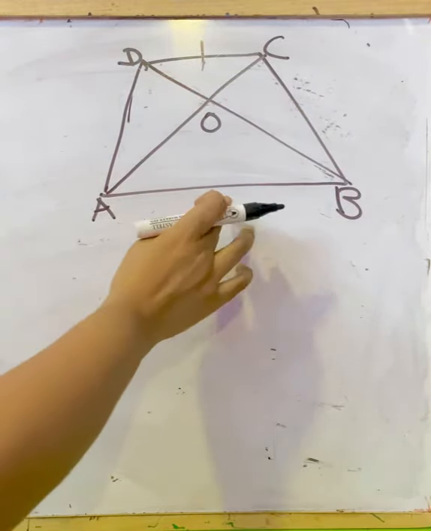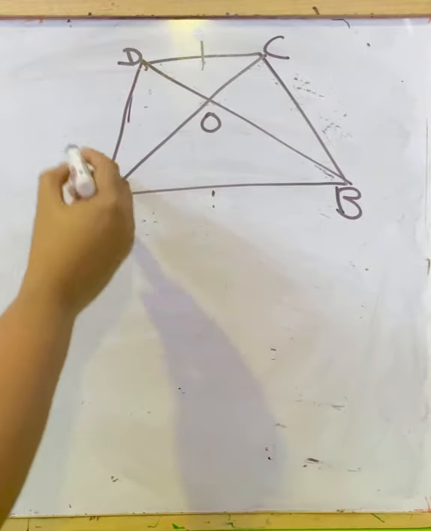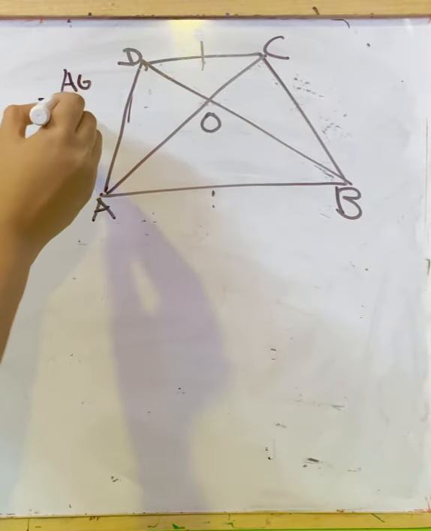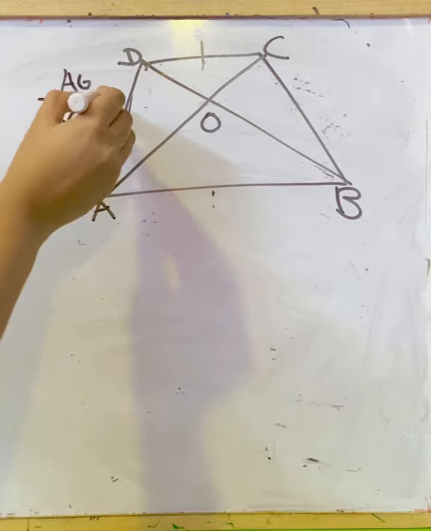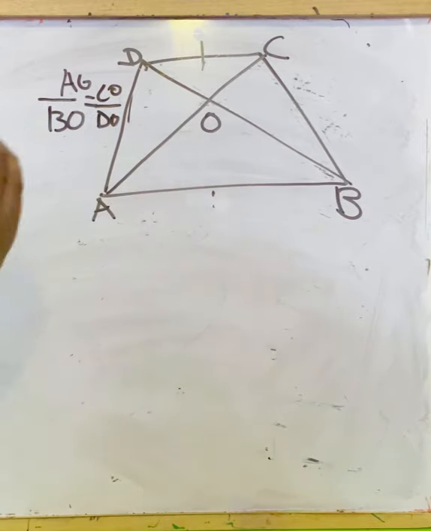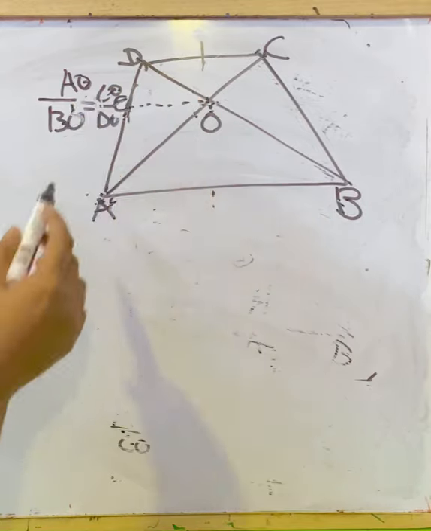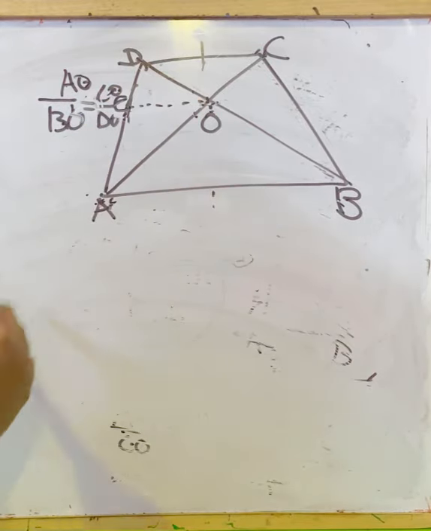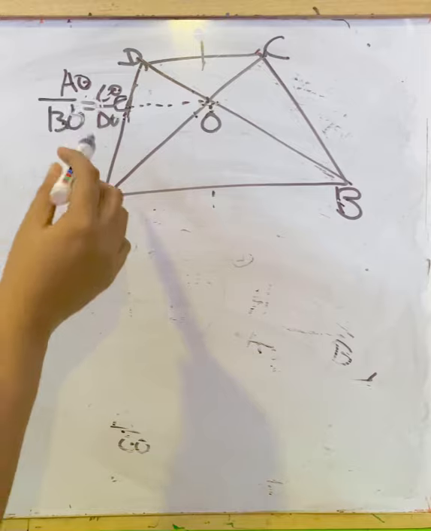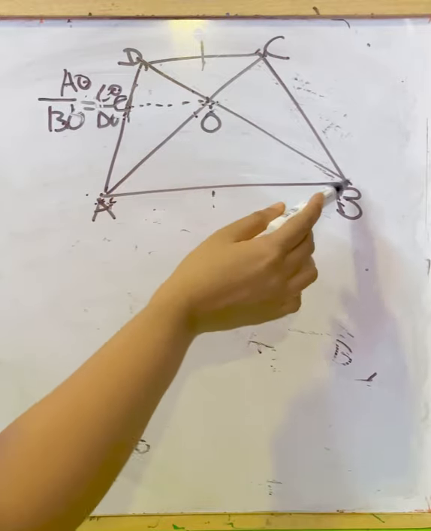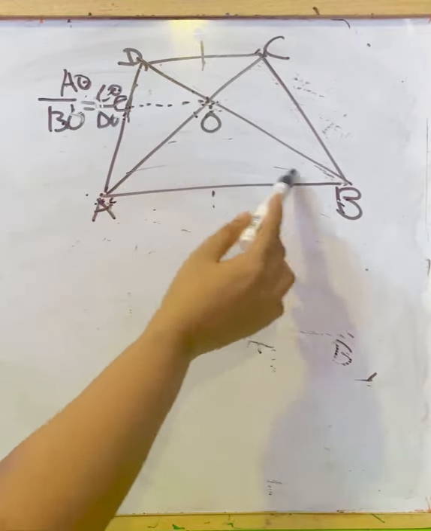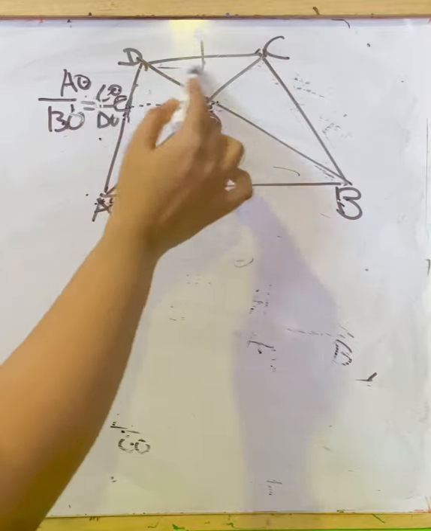It is given AO by BO equal to CO by DO. It is given in the question. Again, let us construct a line here, EO. Here from the given condition, let us rearrange it. Because here AO by BO is this triangle, and CO by DO is the upper triangle.